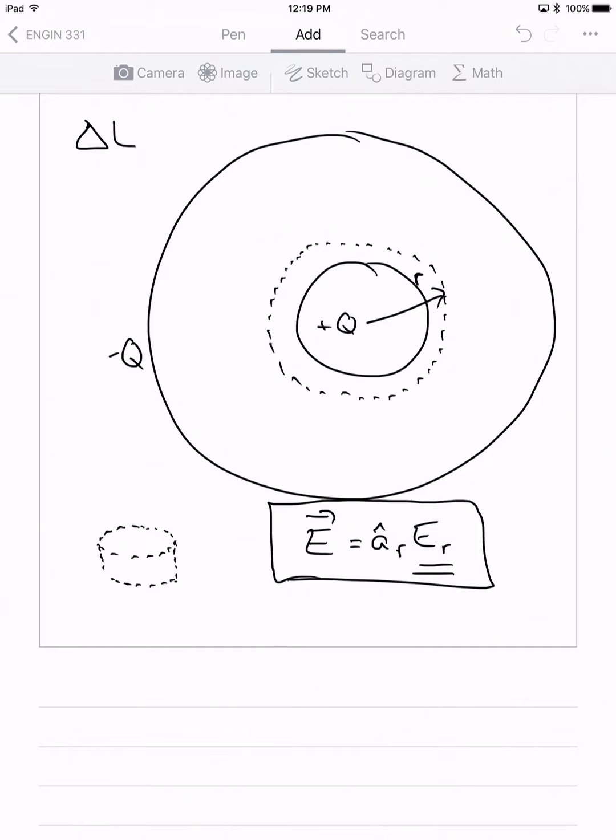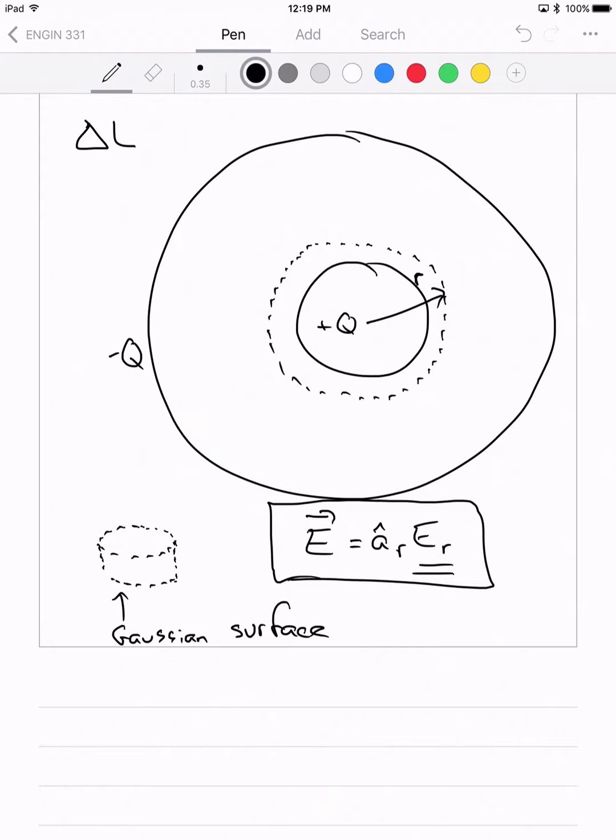Then, looking again at our Gaussian surface, we can see that only the curved sides, the circular sides that I'm coloring in red, are going to contribute to our Gaussian integral, because on the other sides, the top and bottom, E dot ds is going to be 0.